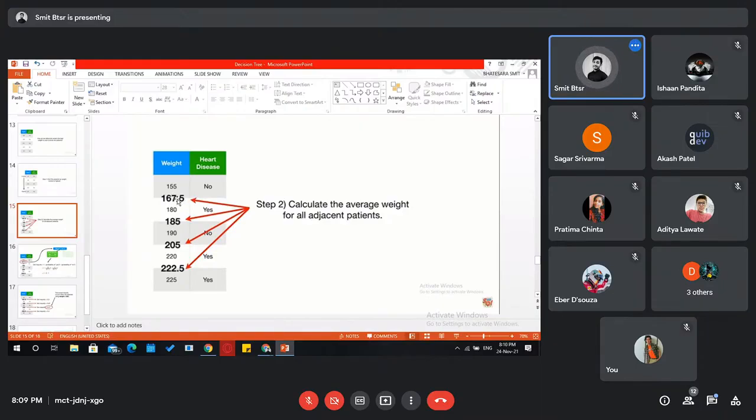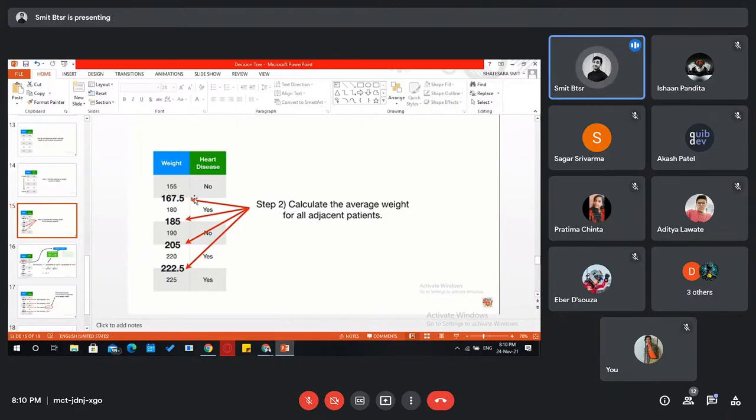Ranges in the sense that, let's consider these two, between these two is 167.5. This is the average weight of these two. Then we can consider the range 0 to 167.5. And the average of the next pair is 185, so 185 to 167.